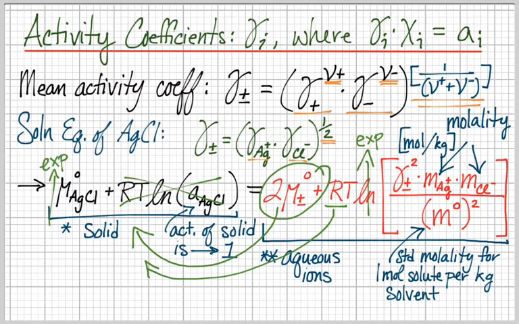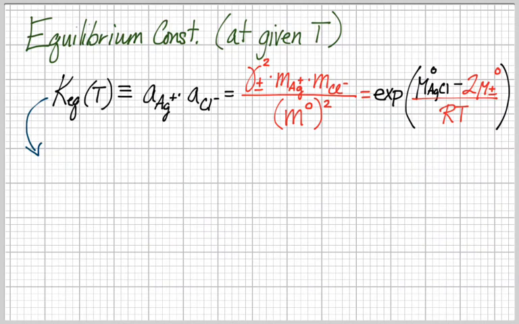Okay, so now you see where we're going in terms of manipulating the equation. I basically isolated this activity coefficient and molality portion of the equation. And now I'm going to move it into separate variables to show how this fits together in equation form. So the equilibrium constant for our given temperature is going to be equal to the activity of the silver ion times the activity of the chloride ion.